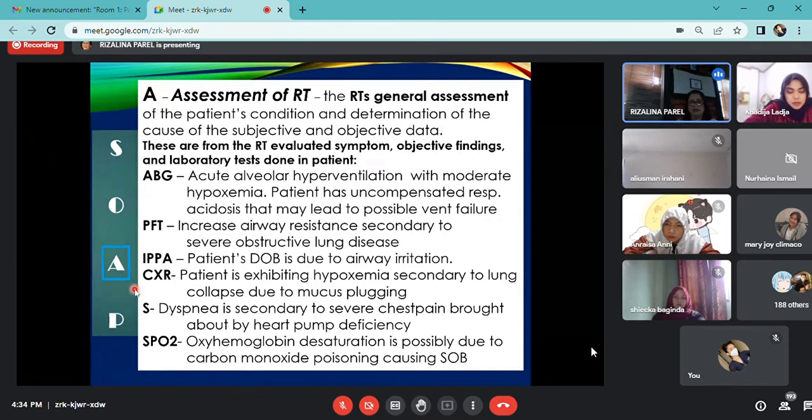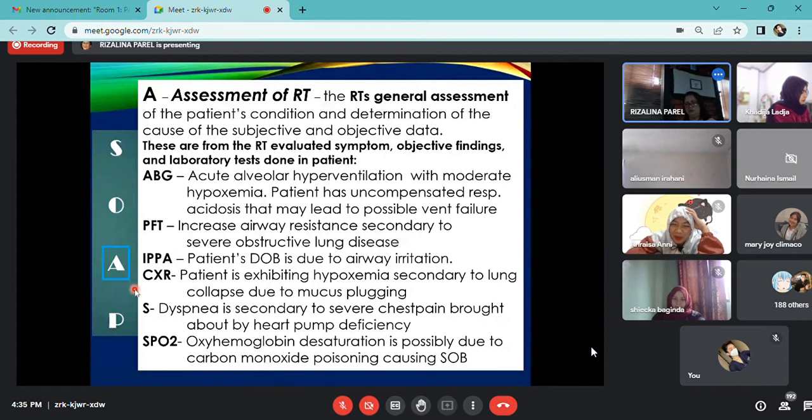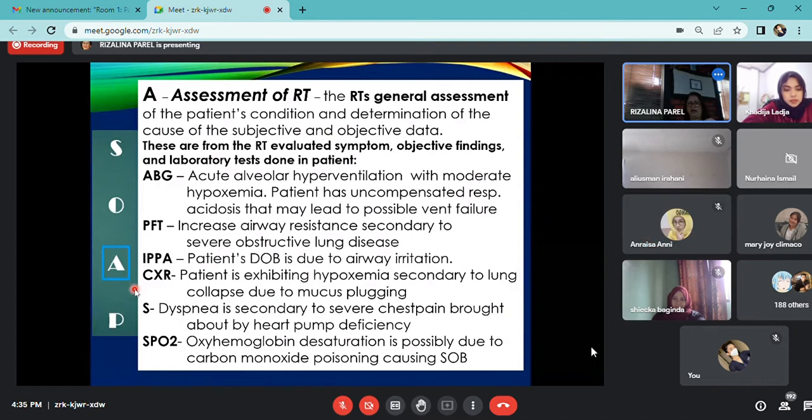So example natin dito, this is the general assessment of RT para sa patient's condition and determination of the cause of the subjective and the objective data. So for ABG, ano assessment natin? There may be acute alveolar hyperventilation. Ano ibig sabihin nun? Acute alveolar hyperventilation with moderate hypoxemia.